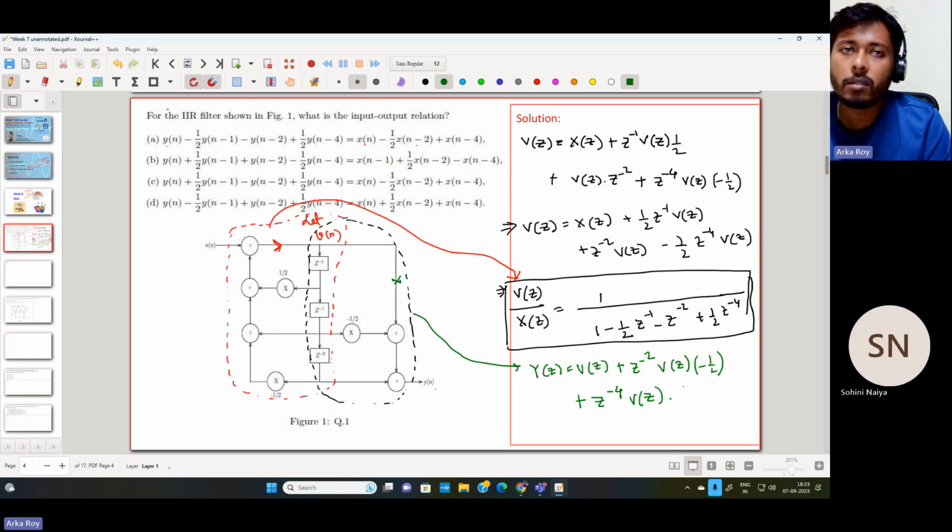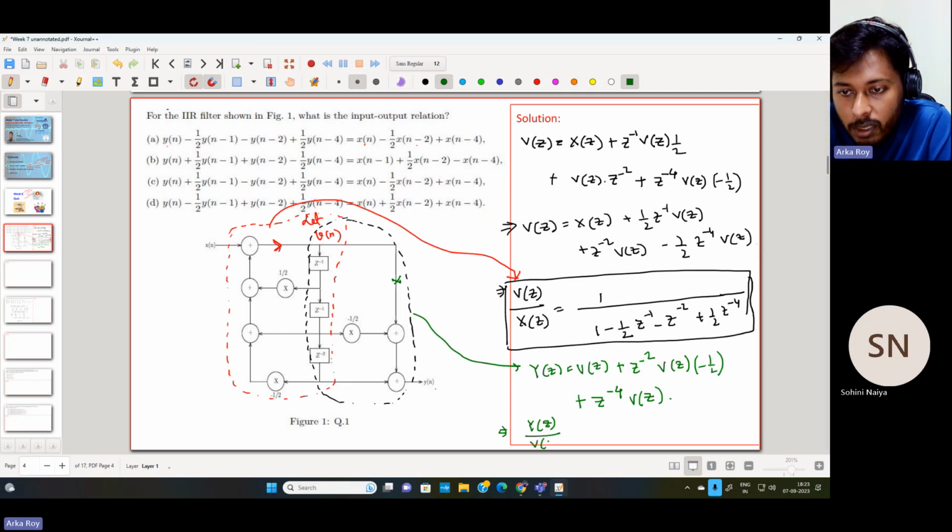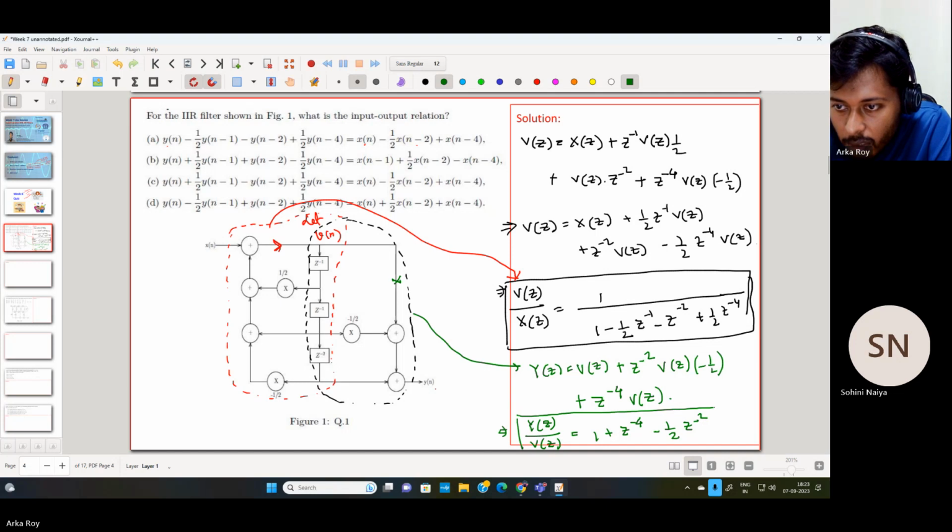So this is the equation for this particular case. So let me construct another transfer function, Y(z) upon V(z). I can write it as 1 plus z to the power -4, then minus half into z to the power -2. So this is basically the transfer function for the second half, for this particular half.